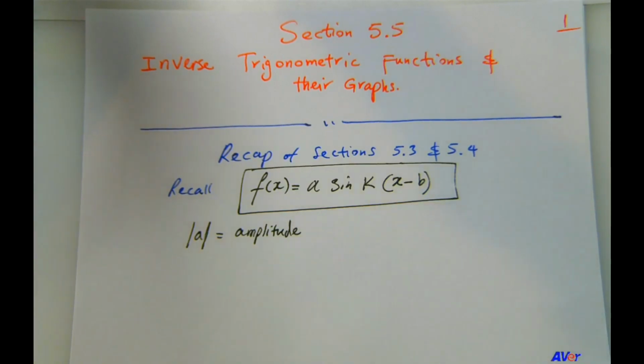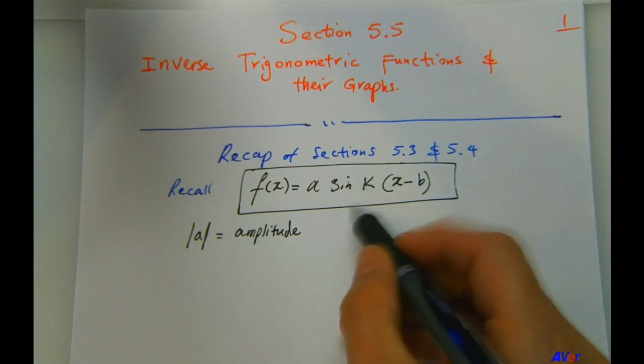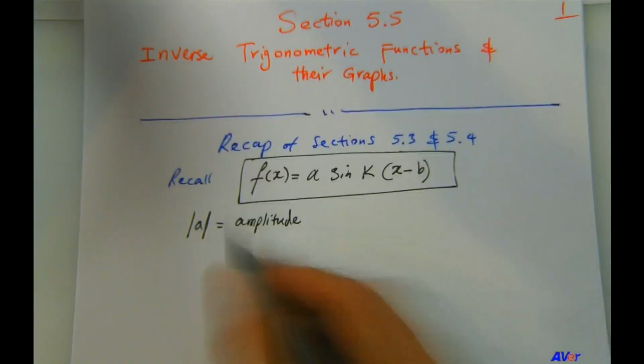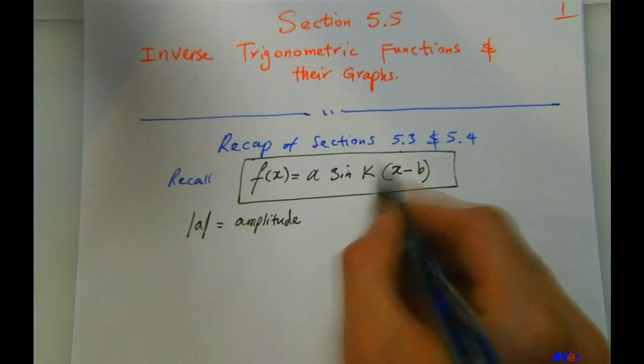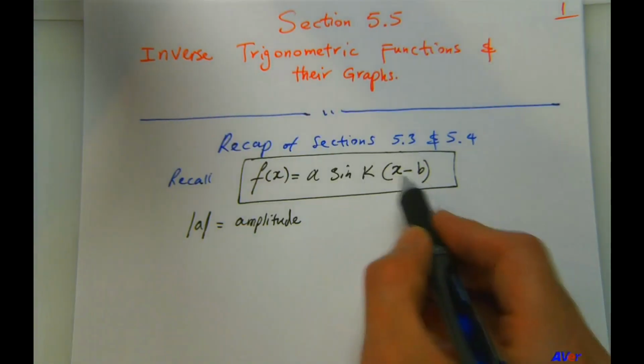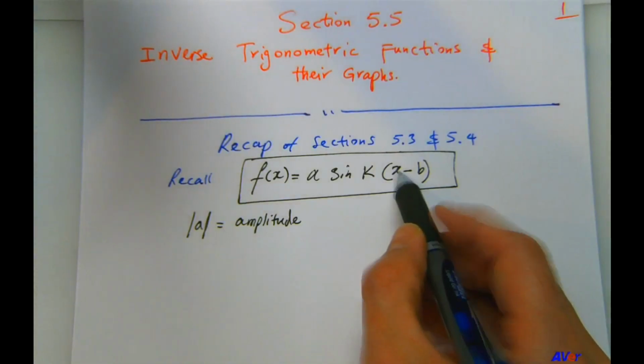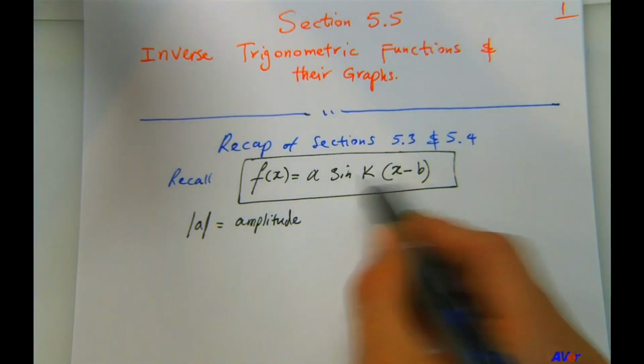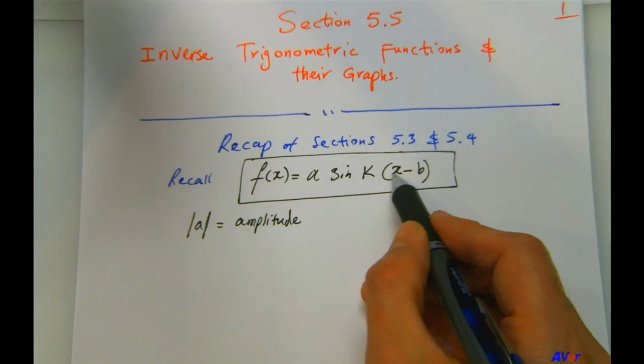That's how much vertically the graph of the sine function is going to fluctuate. It could go from 1 to -1, 2 to -2, 3 to -3, and so on. K, that number in front of x, was k, and if x had a coefficient, we would have to factor it out, remember that, in order for x to have a coefficient of 1 inside the parentheses.